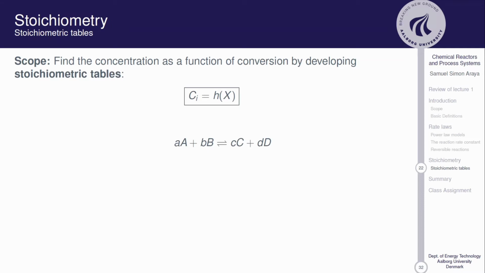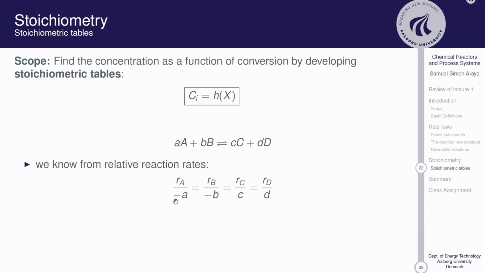We have A + B goes to C + D, and basically from that, we said that we take our limiting reactant as basis for our calculations. So in this case, if it's A, then we can relate the rates of reaction for each species based on this equation that we saw earlier.